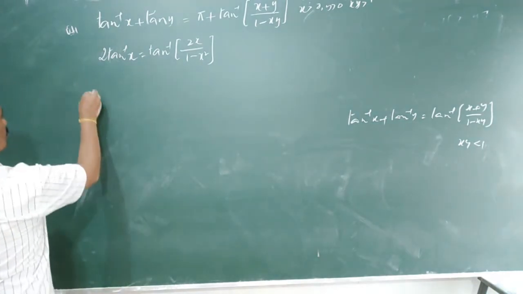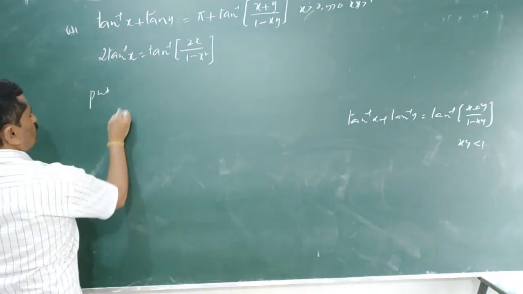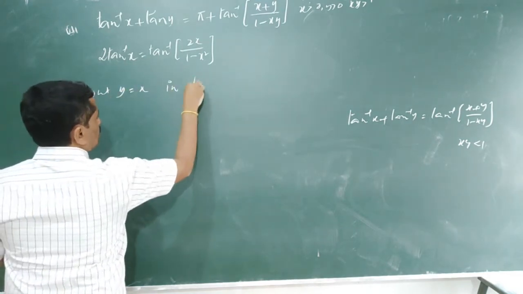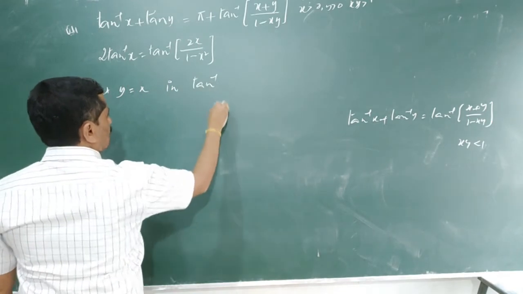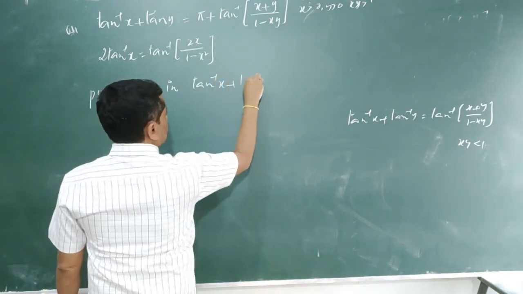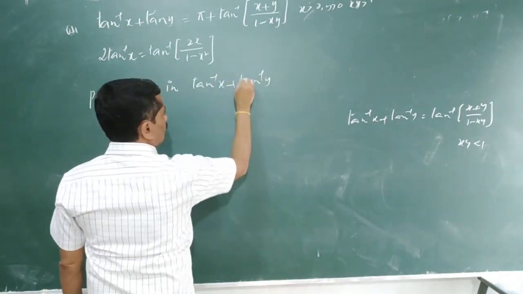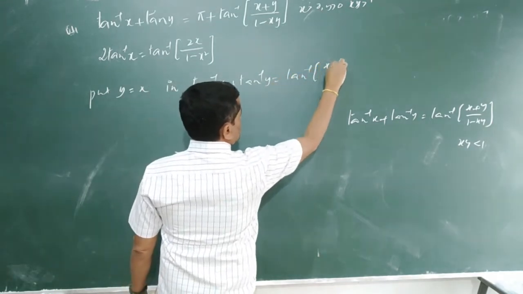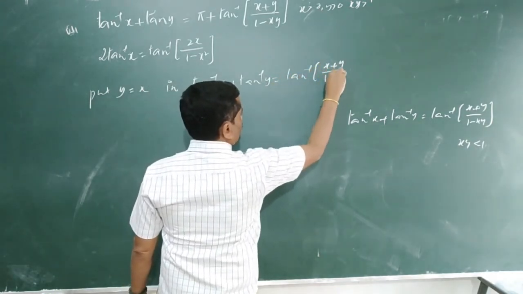So put y is equal to x in tan inverse of x plus tan inverse of y is equal to tan inverse of (x plus y) all divided by (1 minus xy).